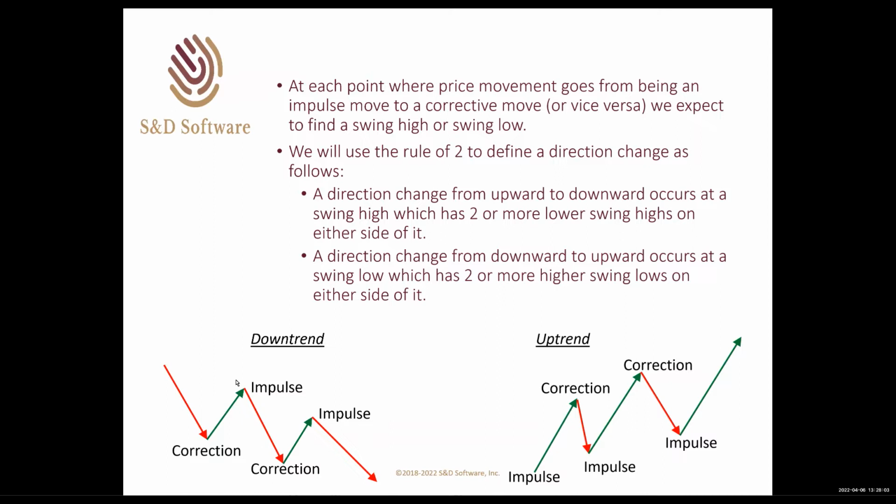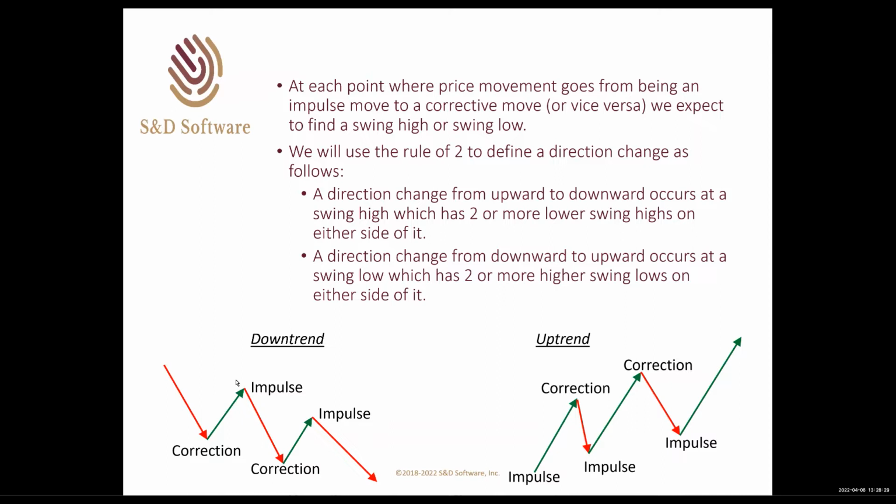You can look at other turning points. For instance, if you go and you look at just swing highs and lows by themselves without looking for two or more on either side of it, you're going to get something that looks just like a trend, but it's going to be a very low-level trend that flits back and forth very quickly.